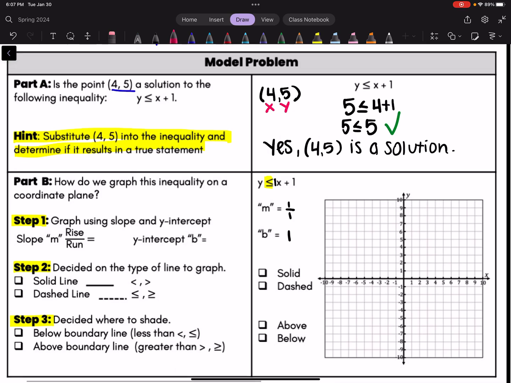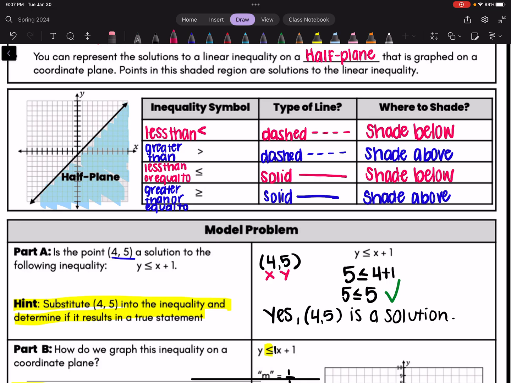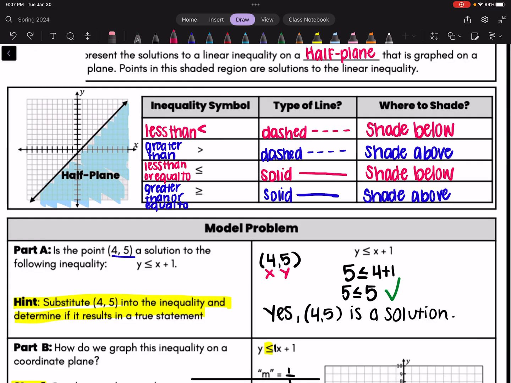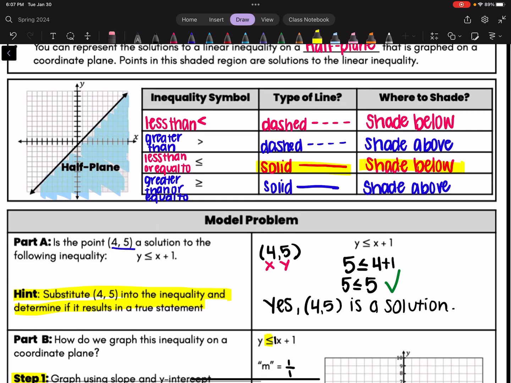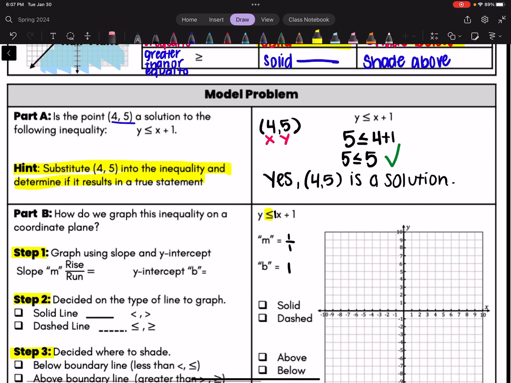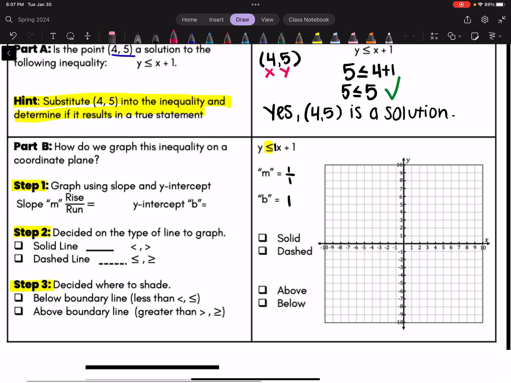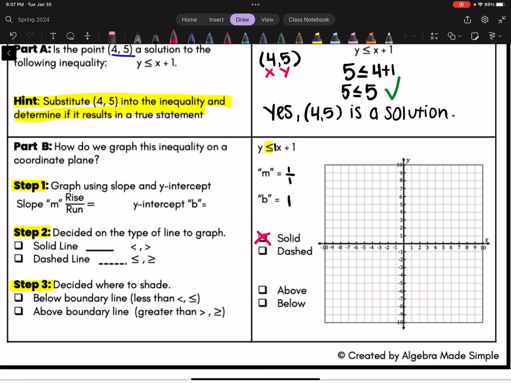Less than or equal to, if we look back up at our chart, tells us that we need to have a solid line, and we need to shade below. Okay. So based off the symbol that we have tells us how our graph is going to look. So less than or equal to, I need a solid line, and I need to shade below.